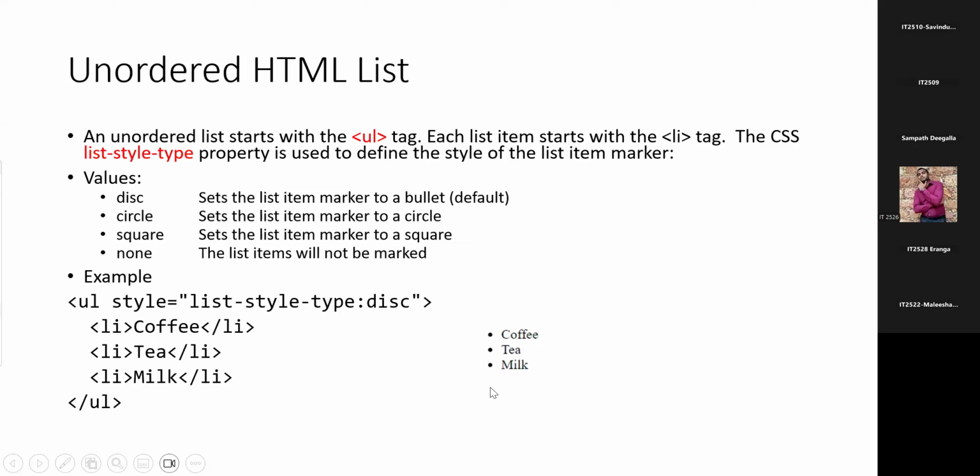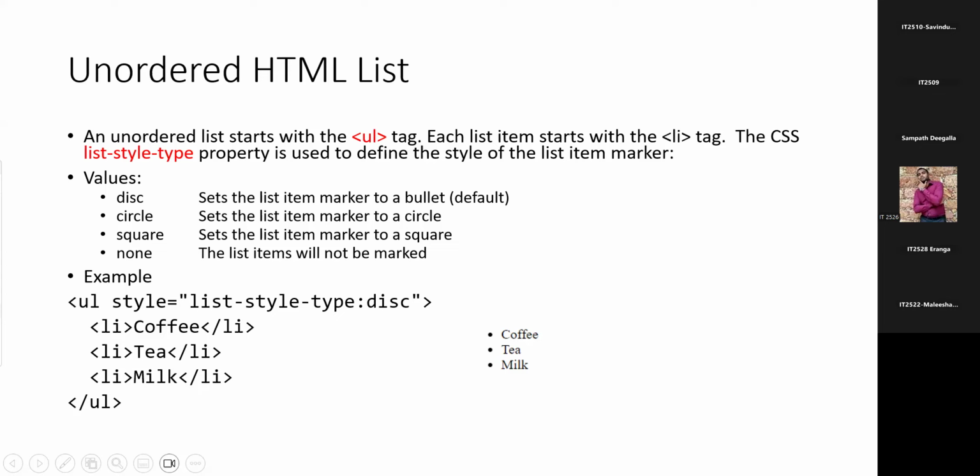If you want to specify something like this, you have to use UL to indicate that you start an unordered list, end with /UL. And then each item we call a list item, indicated using LI. So you can use LI, coffee, /LI, and so on.